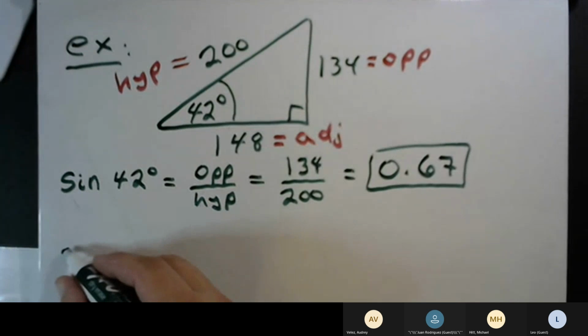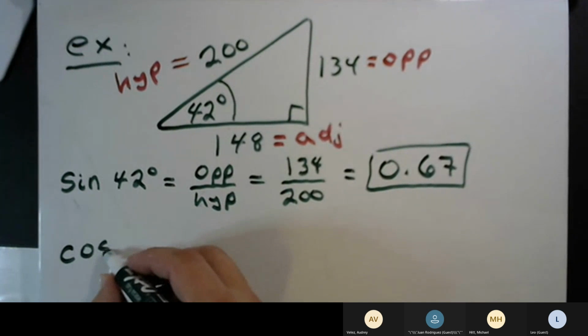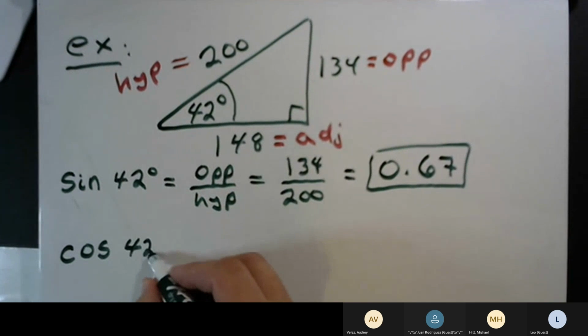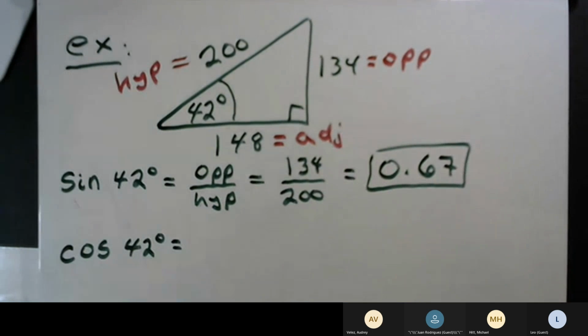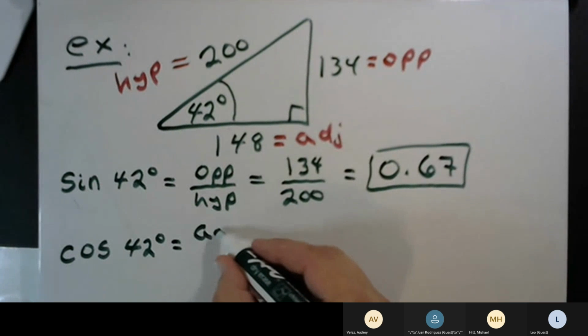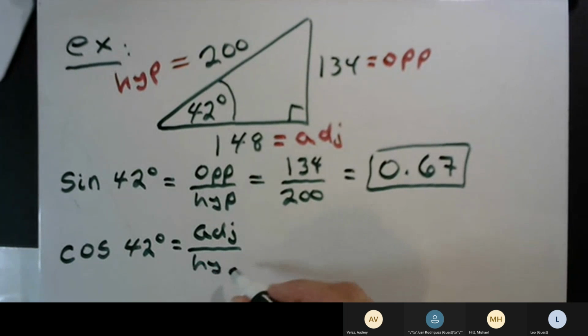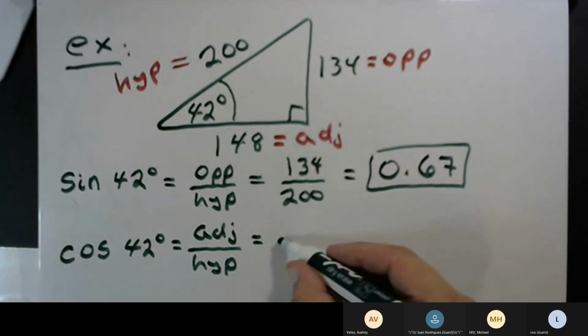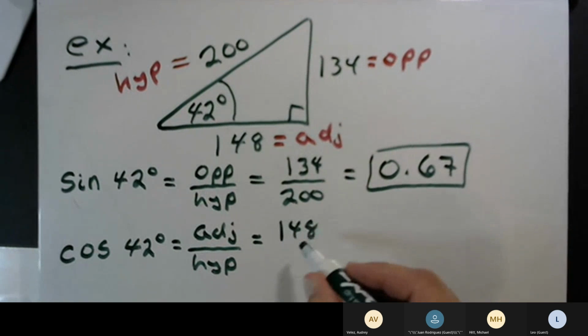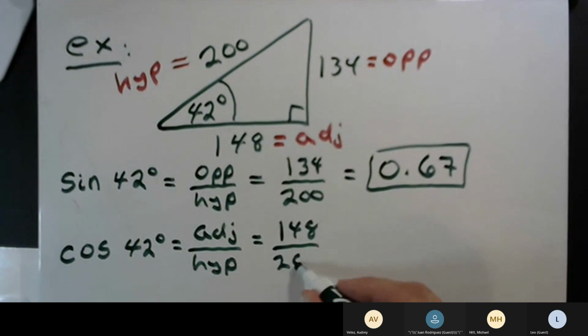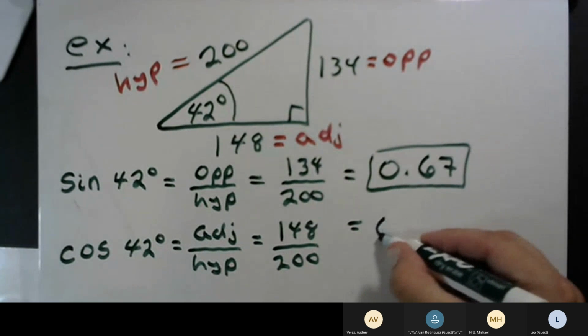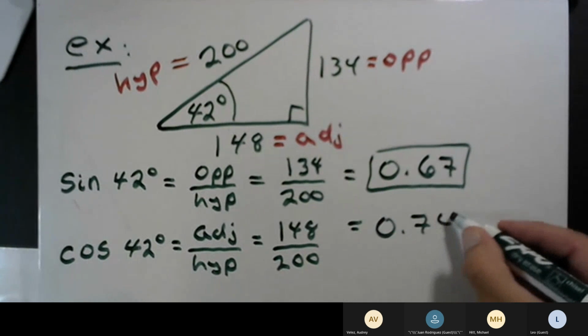Then what about the cosine? Well, cosine is adjacent over hypotenuse, or in this case, 148 divided by 200, or 0.74.